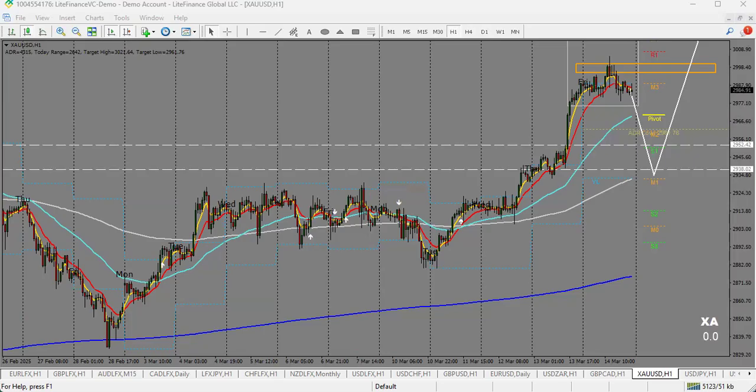Traders, you should monitor these developments closely as they can introduce increased volatility, and you can be presented with both risk and opportunities, okay?